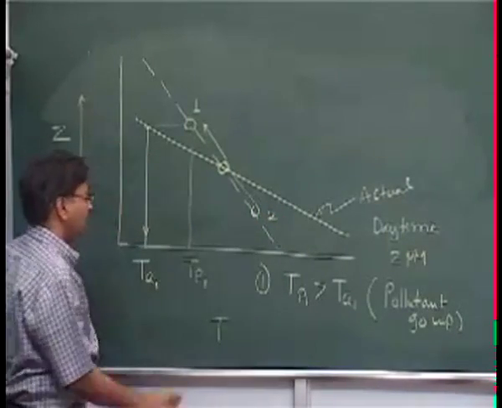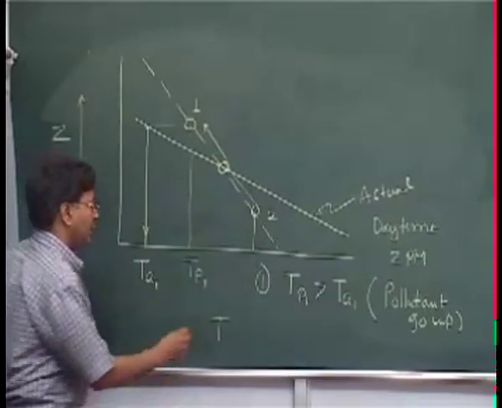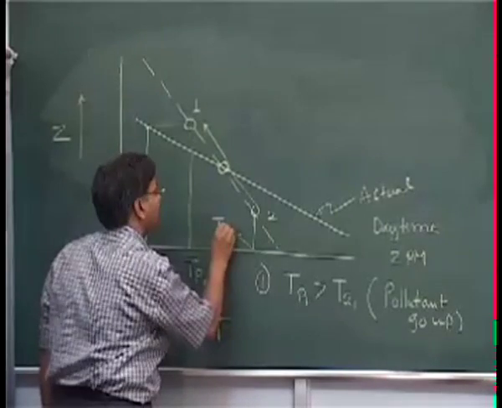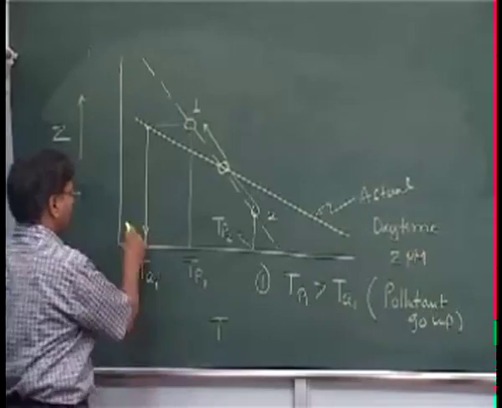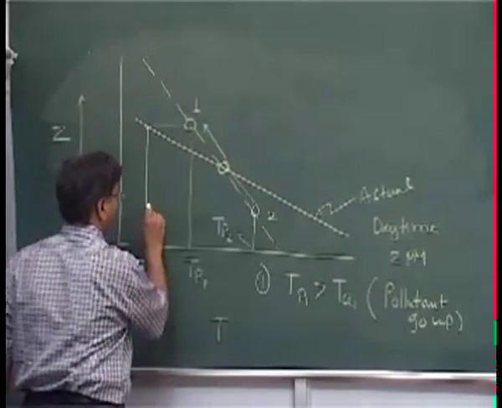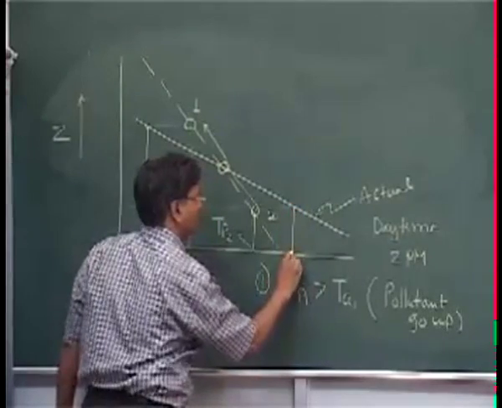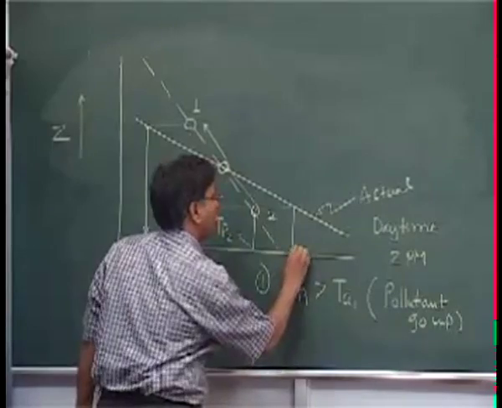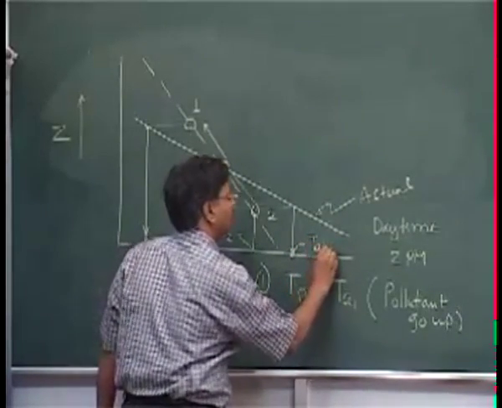And then the corresponding temperature of the pollutant is, let us say, T of the pollutant for situation 2, and the corresponding temperature of the surrounding air is T of air at point 2.